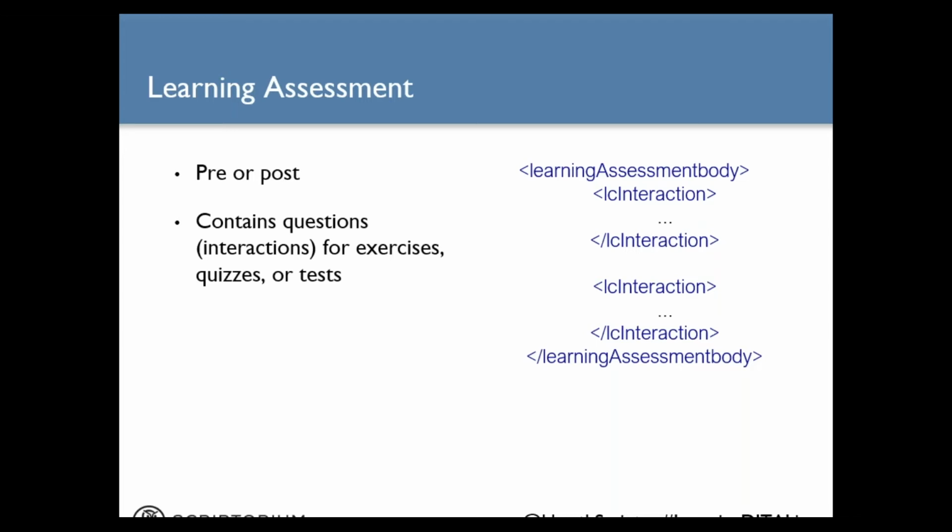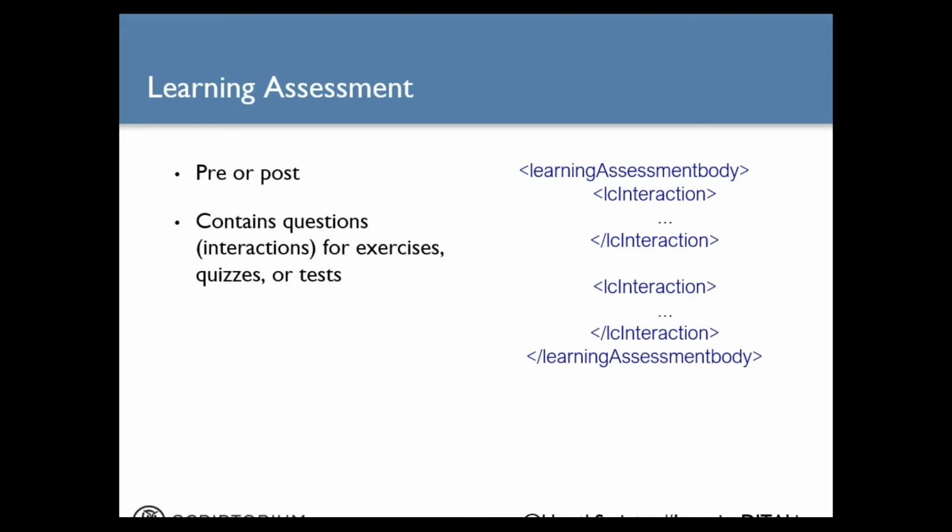This will contain questions, which in the learning and training specialization are called interactions. Then you'll do any exercises, quizzes, tests, exams. And it's structured, again, you have your main body element, and then within that body, you'll have interactions.